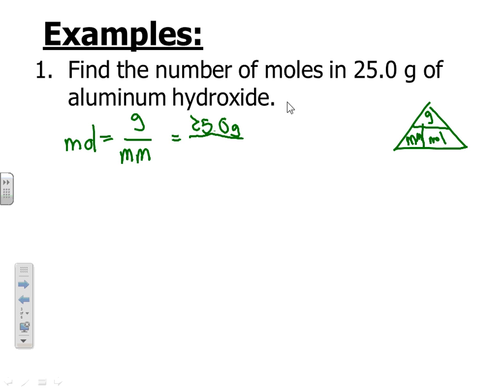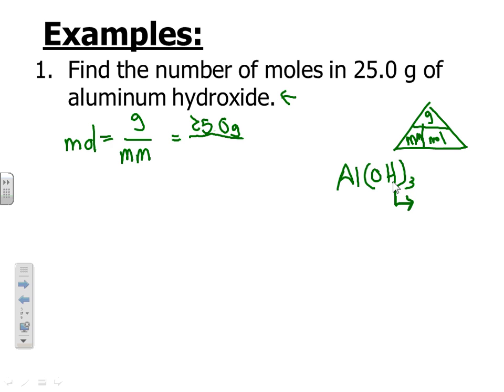Now, the molar mass comes from the chemical formula. So we need to be given the name in order to determine the molar mass. Aluminum hydroxide. So off to the side, aluminum. I need to know how to get my formulas. Hydroxide is OH. When you check your chart, 1 goes down here. Aluminum is 3, goes down there.